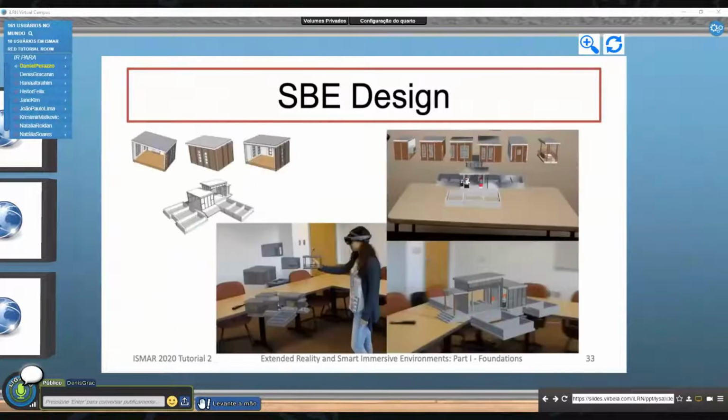So when we look at that smart built environment design, what we are looking at is first ability to deal with traditional architectural modular components and be able to assemble them together.